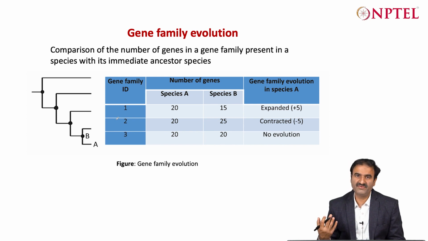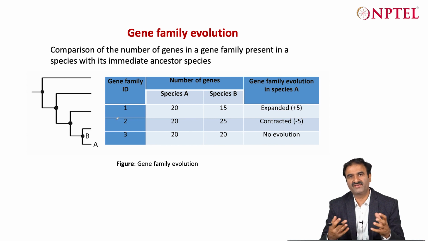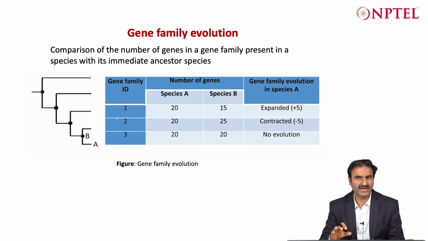Whereas if the gene family has contracted over a period of time during evolution, you can say that those functions were not so important. We cannot do this for very distant species, but by looking at closely related species, including an outgroup, as we do while constructing the tree, we can observe this.